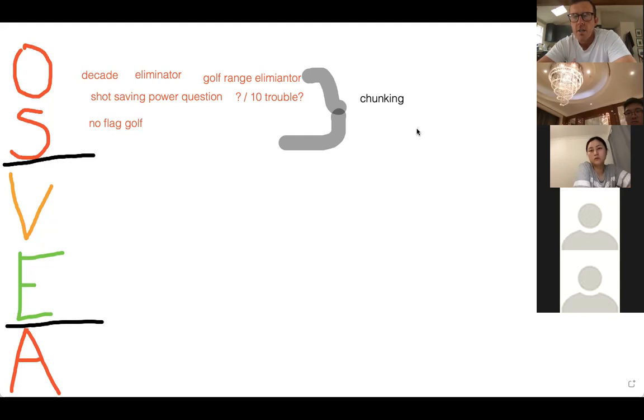Same in golf. Looking at the lie, okay, that's one piece of information. But then we look at the wind, and then where the flag is on the green. How do you put those three pieces of information, chunk them together, and create a meaningful mental picture in your mind?